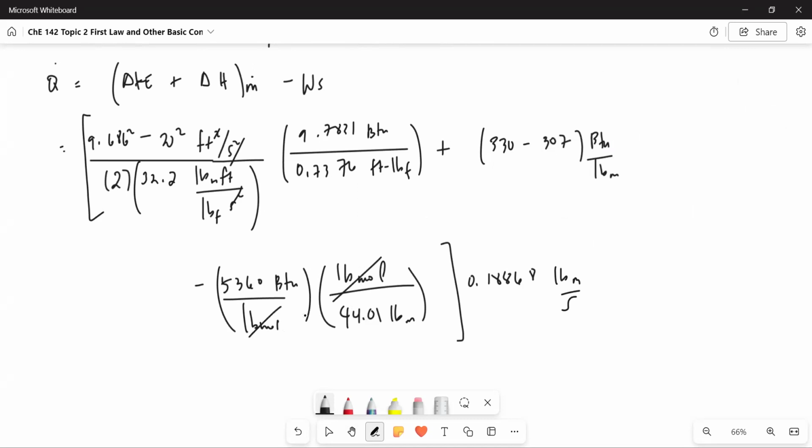So multiplying everything with the mass flow rate would give you, and then let's convert to per hour, since it's per second. So multiply with 3,600 seconds per hour, and this would give you the amount 67,128 BTU per hour.